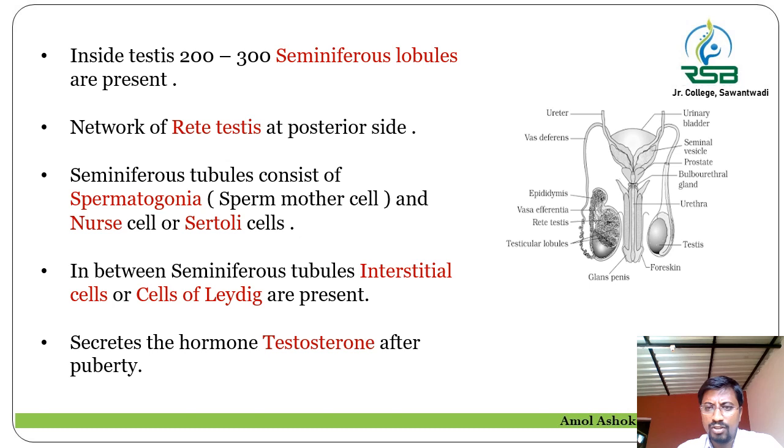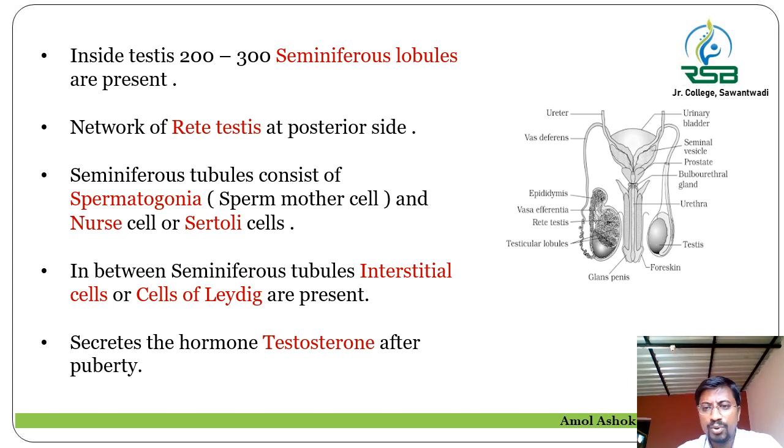In between these lobules, the spermatogonia and nurse cells or Sertoli cells are present. All these features we are going to repeat in the transverse section of testis, so don't worry about that.